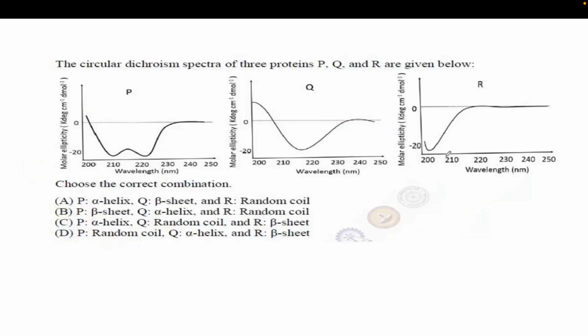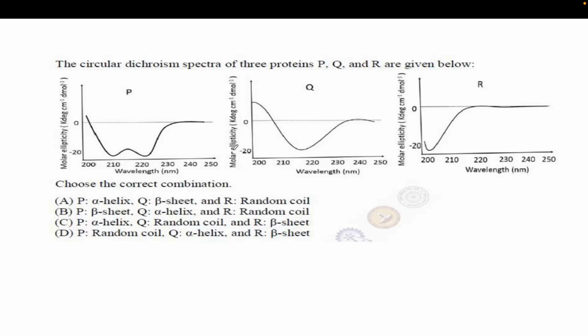So based on that background, you have one question: the circular dichroism spectra of the three proteins P, Q, R are given below. These are three different types of proteins; choose the correct combination.